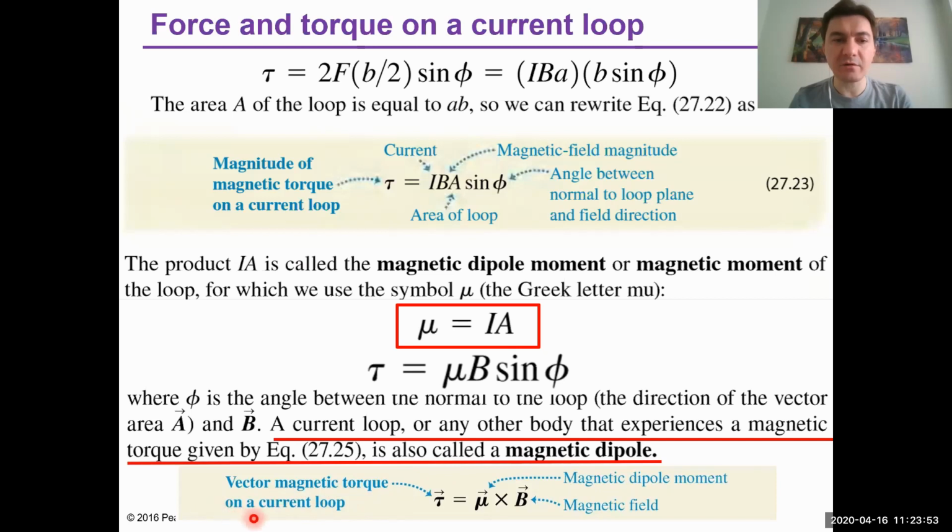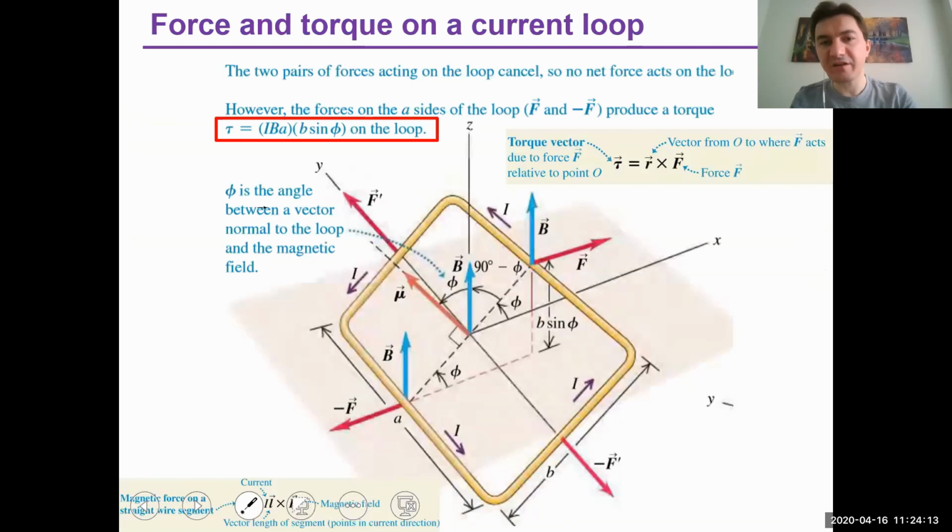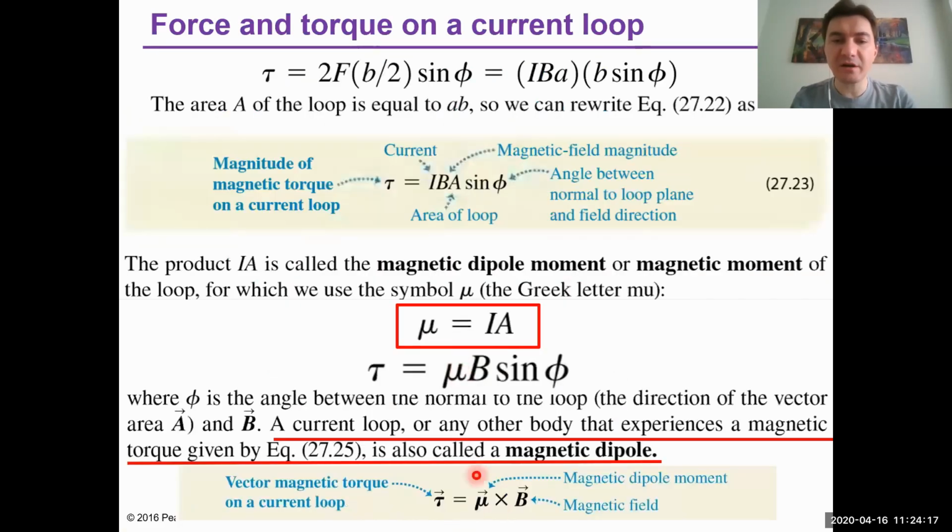The vector magnetic torque on a current loop is given by mu times B, a vector product, of course. Your four fingers show mu, then curl them to B, and you will be able to find the direction of the torque. What about the direction of mu? The direction of mu is exactly the direction of the surface normal.